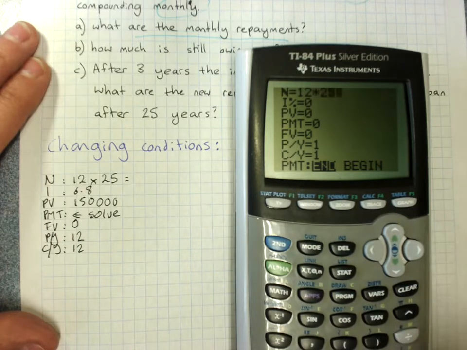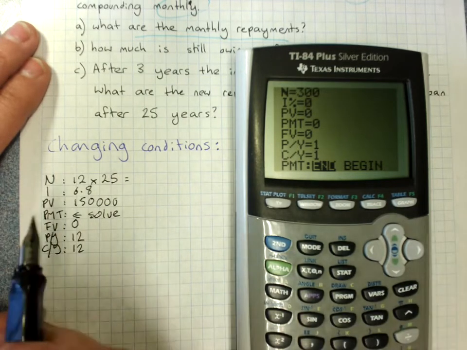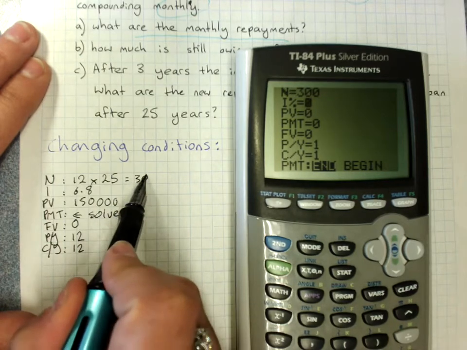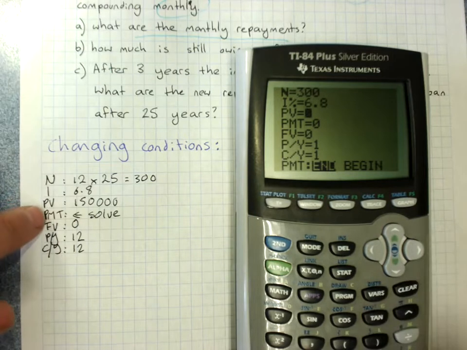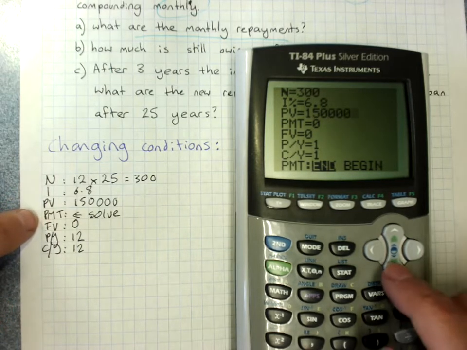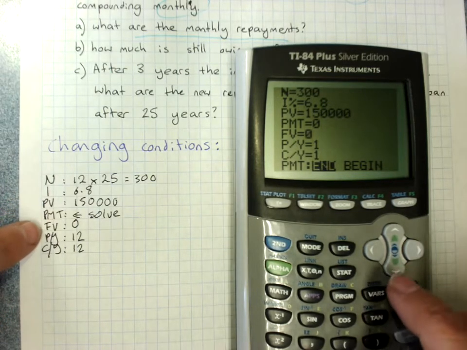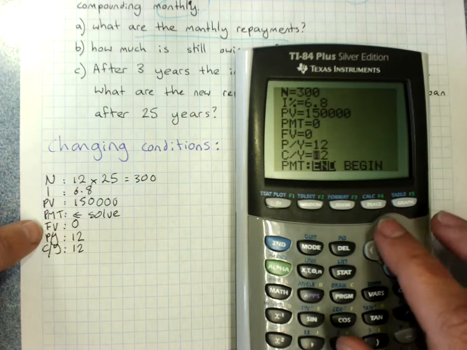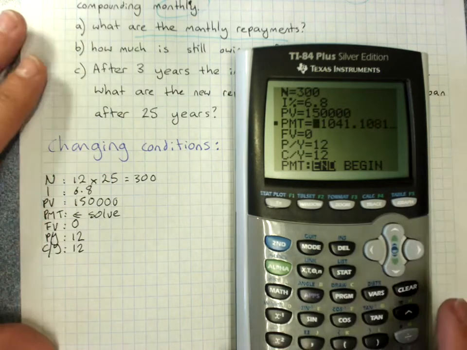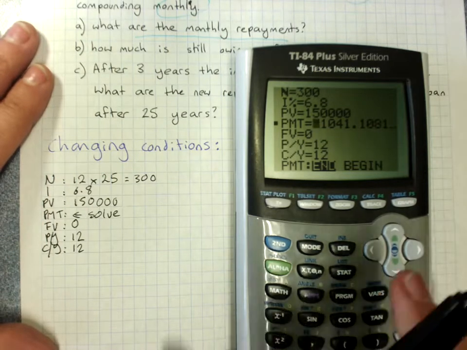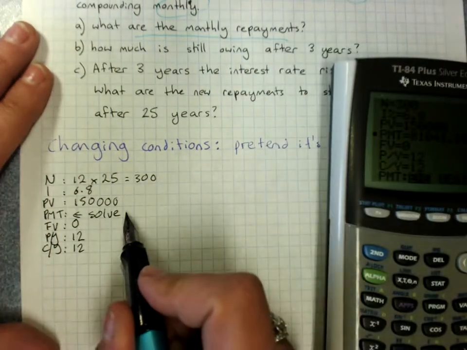12 times 25, okay, that's 300, so we go back and put that in. We're solving for the payments. Future value is 0. PY and CY are 12. Go back and alpha, solve for the repayments. Once again, write down what you got.